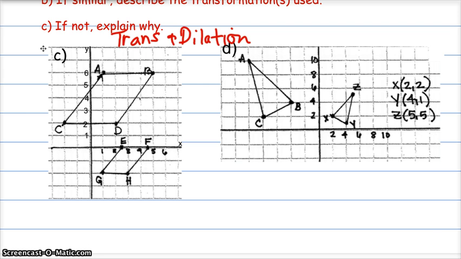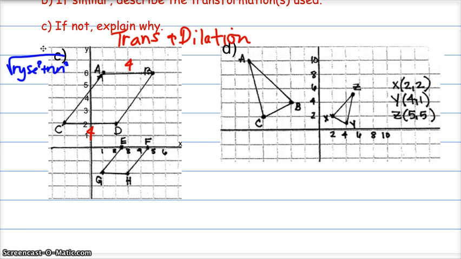To get the size of the dilation, instead of looking at the ordered pairs, let's look at the side lengths. We can count that from A to B, there's 4 units, and from C to D, there are 4 units. AC is a little bit trickier because it's slanted, but we can use the distance formula, which is rise squared plus run squared, all under the square root.